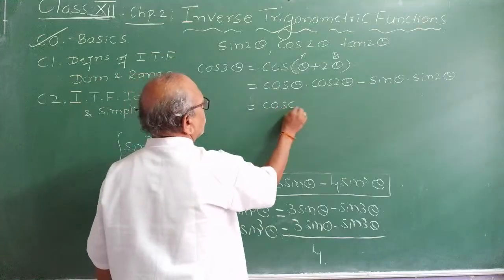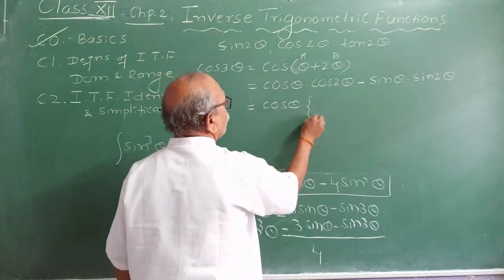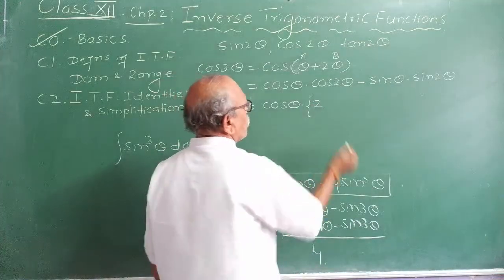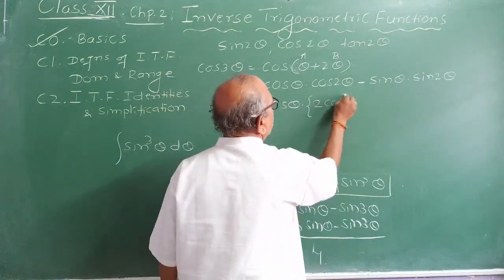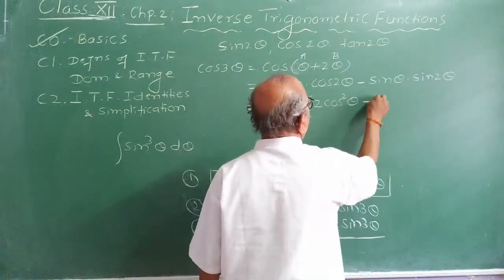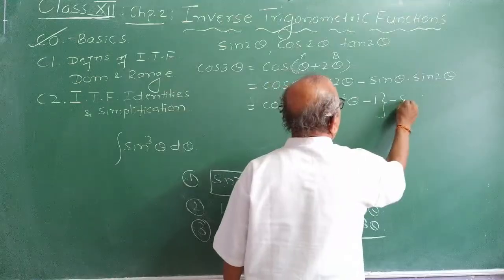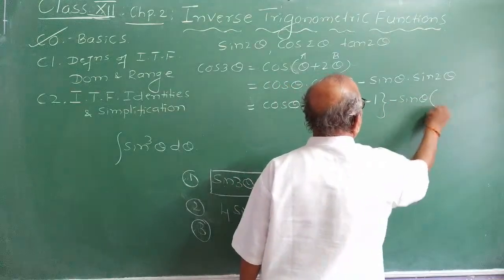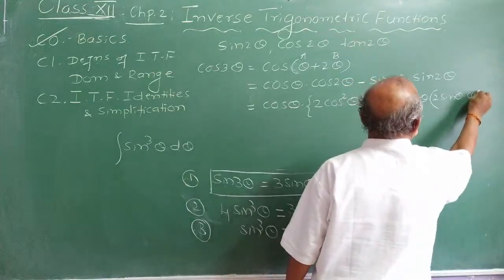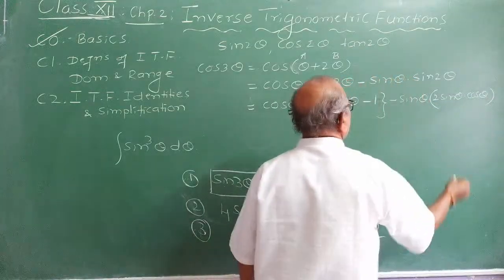Cos theta into what is cos 2 theta in terms of cos? Recall the formula in your list: 2 cos square theta minus 1, check, minus sin theta into sin 3 theta... rather sin 2 theta. What is the formula of sin 2 theta? 2 sin theta into cos theta. These are required before you start.